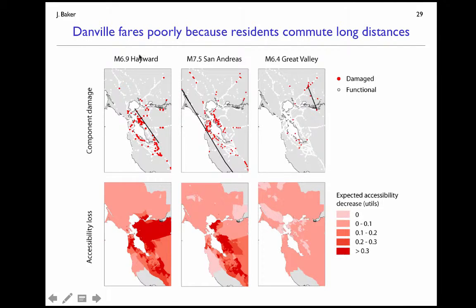And what's interesting is that on this magnitude 6.9 Hayward event, we see a lot of bridge damage in the Oakland area, the East Bay area, and we see in the lower row of figures a lot of accessibility loss for these East Bay residents, as would be expected.